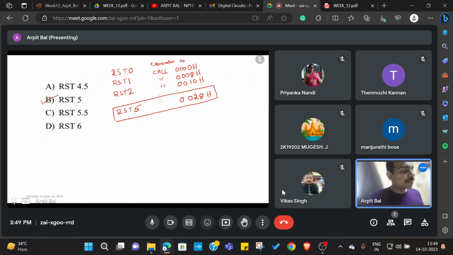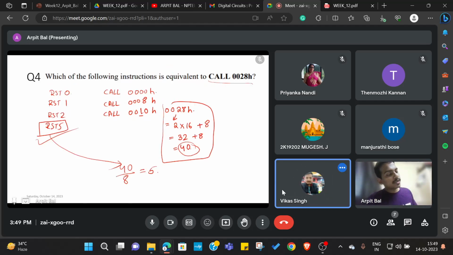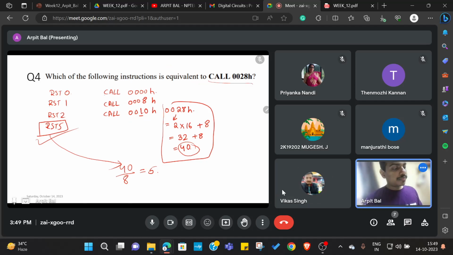These things are already covered in the lecture slides, so I suggest you go through them. Could you repeat once, sir? Yes. Each RST instruction is mapped to a call address starting from 000H.